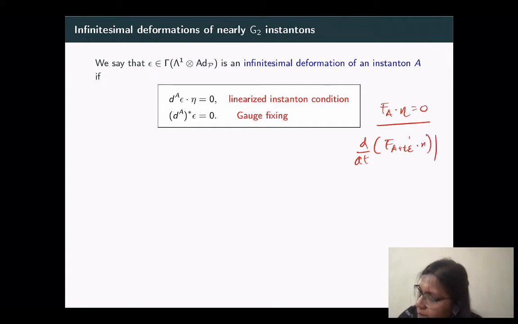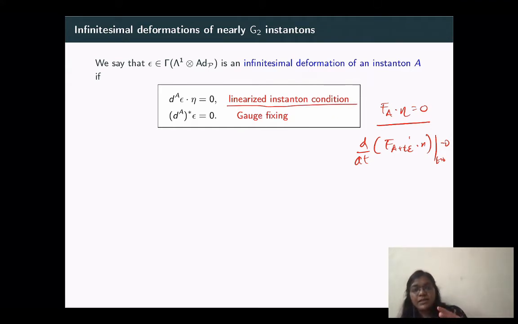we get the linearized instanton condition, which is given by d_A epsilon dot eta equals 0. In some sense, we are just looking at a deformed connection A_t, which is given by A plus t epsilon, and thus epsilon must be an ad P valued 1-form, since it's a difference of two connections.